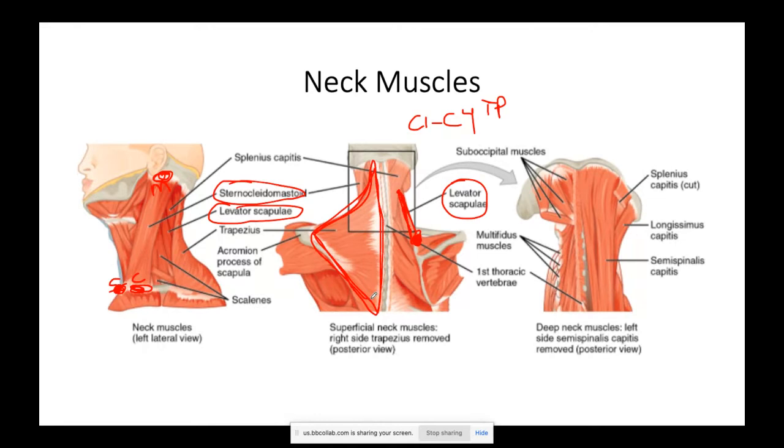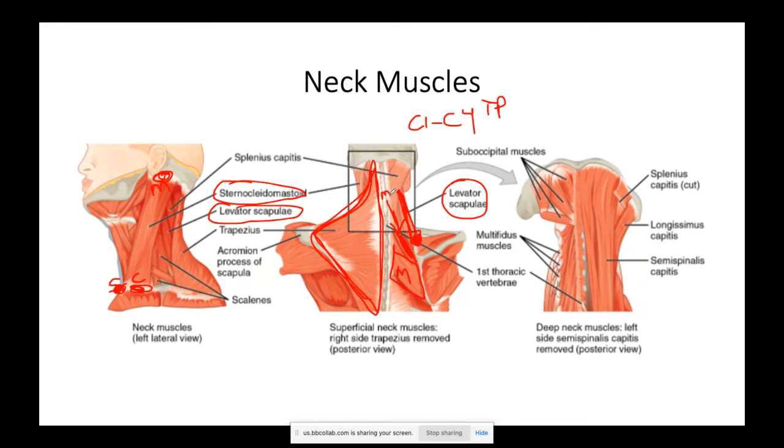And if you dissect that away, that's when you can see the rhomboid minor, which is here, and then the rhomboid major, which is here. Okay, so I'll put a capital M for major, and then a small m next to this one here. I'm just going to put an arrow there. That small m there for minor.